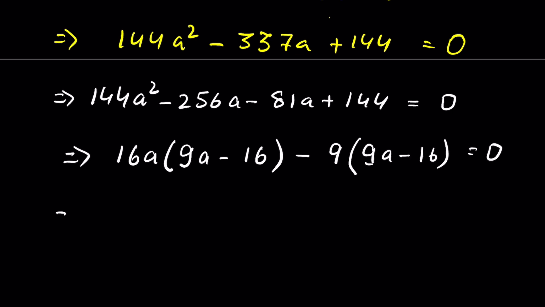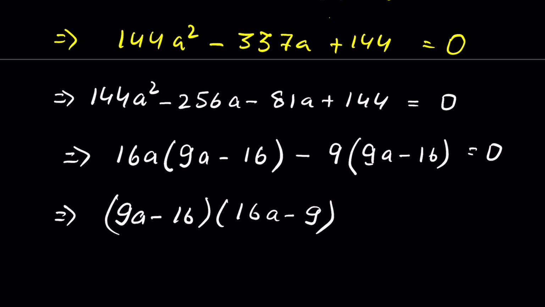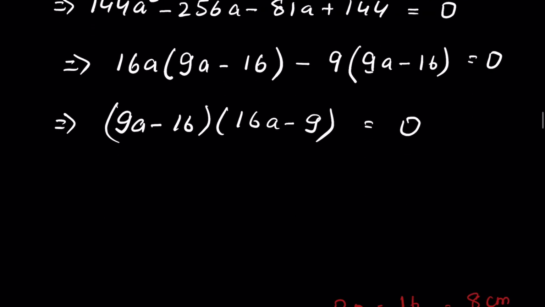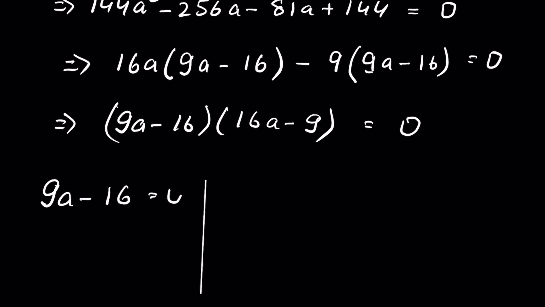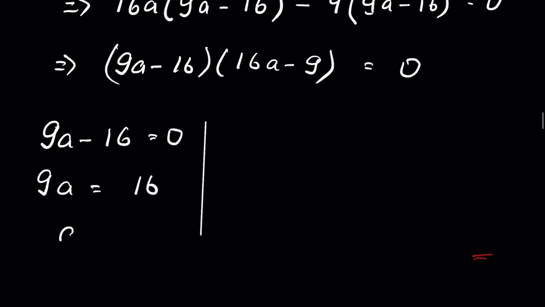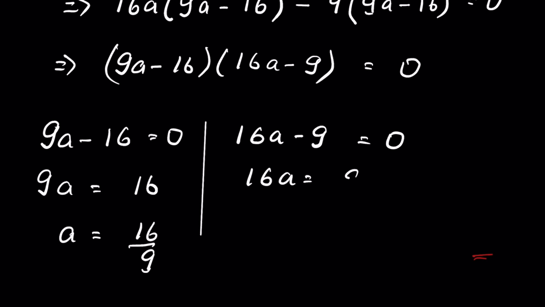Now 9a minus 16 is common, so 16a minus 9 times 9a minus 16 is equal to 0. Now we have two solutions for a. When 9a minus 16 is equal to 0, in that case 9a is equal to 16, or a is equal to 16 upon 9. And when 16a minus 9 is equal to 0, in that case 16a is equal to 9, or a is equal to 9 upon 16.